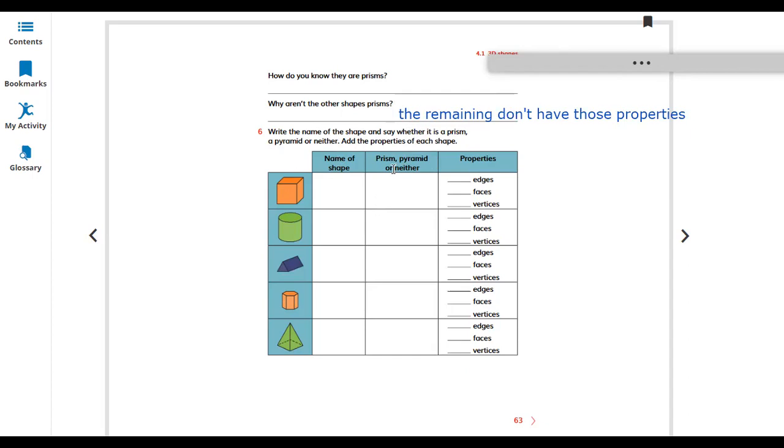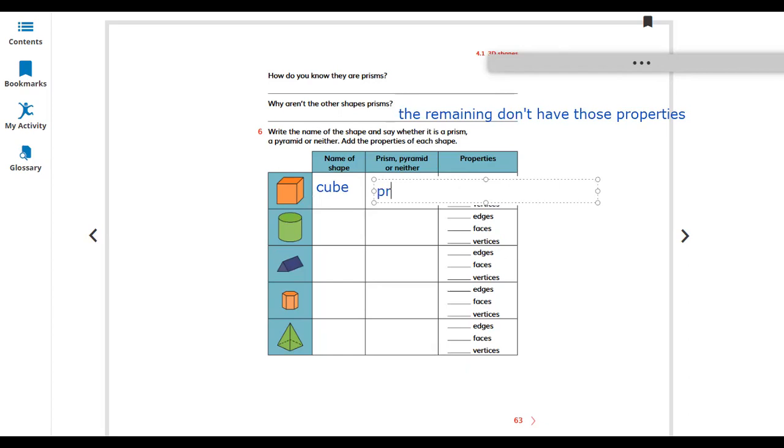And we need to write whether these are prisms, pyramids, or neither. So let's start. Write the name first of all. It's a cube, the easiest one. And is it a prism? Obviously flat shape.